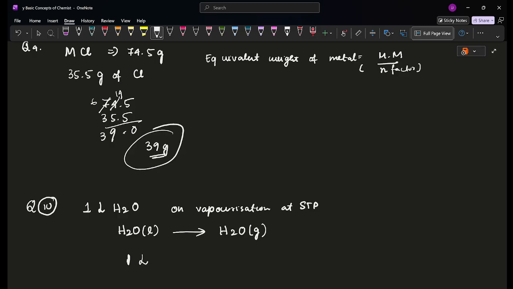I thought it was gonna be 1 liter because of 22.4 liters. Sure, might not be the same. So let's quickly check the answer. It's not the same.